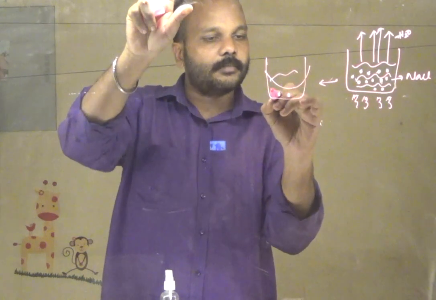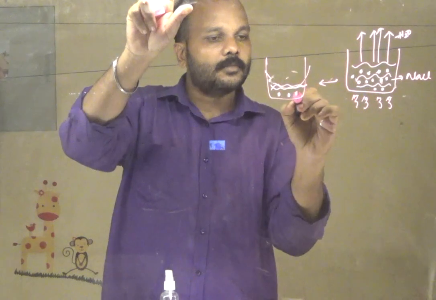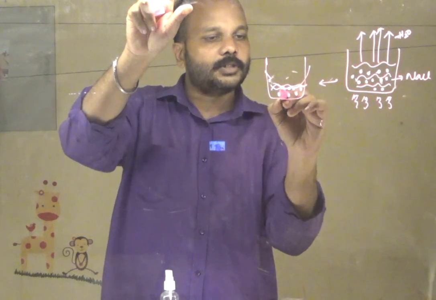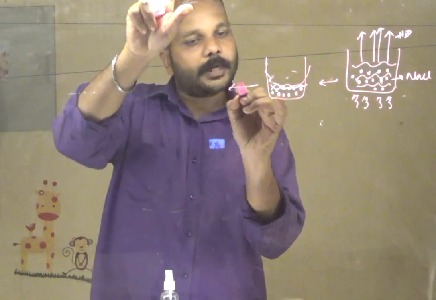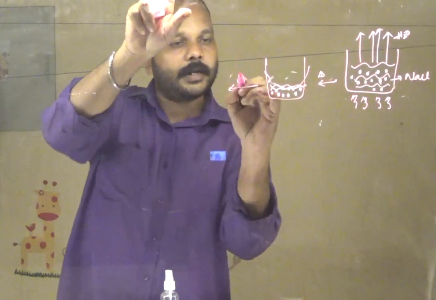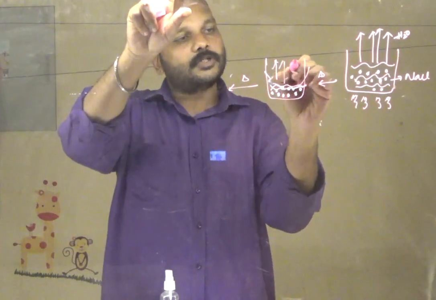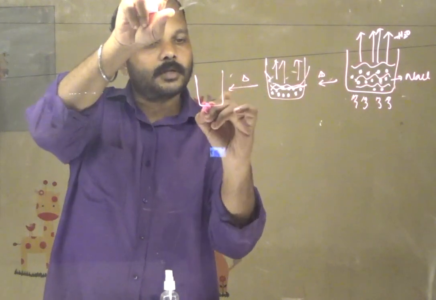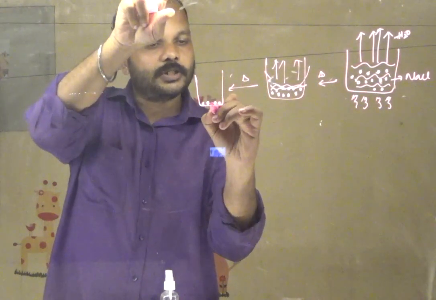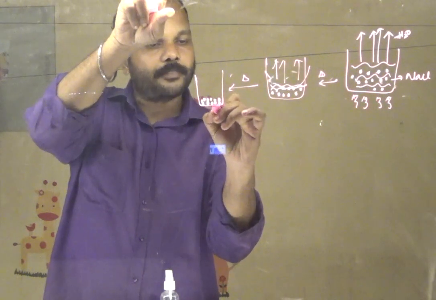After some time there will be almost no water, and again you will be heating. Even this remaining water goes away. Here you can see the solid sodium chloride particles start to appear.